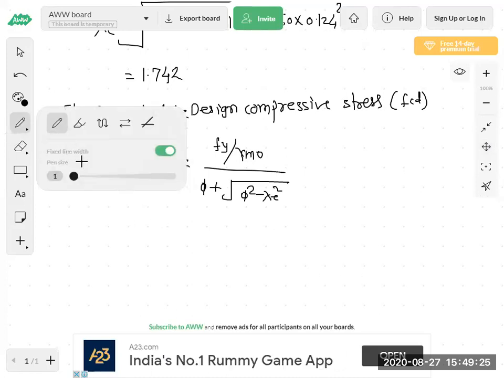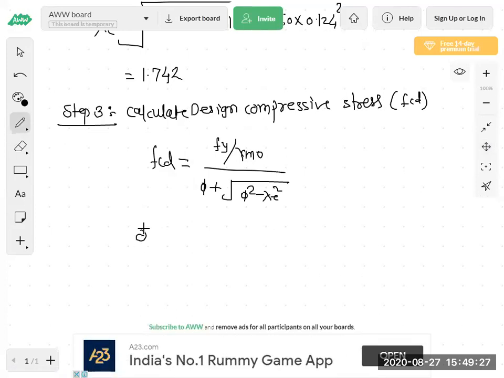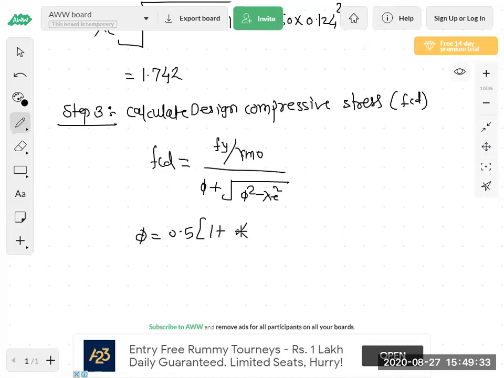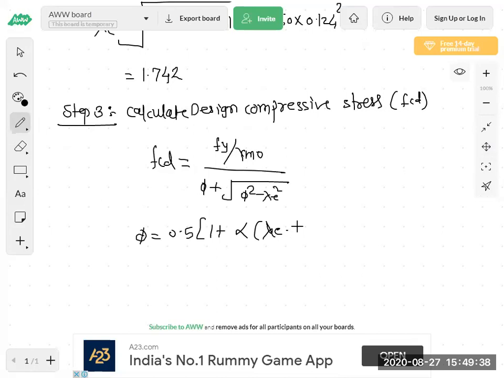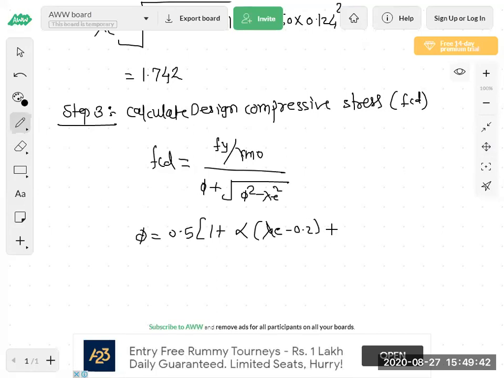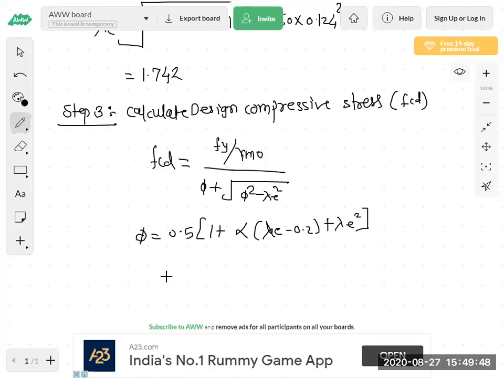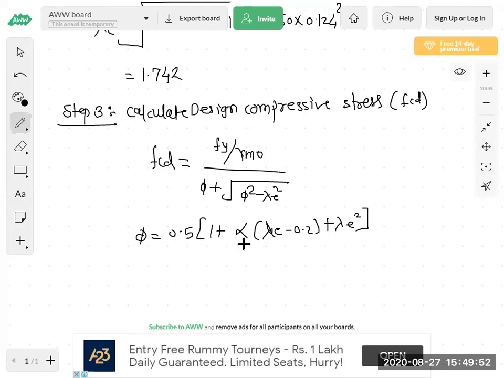The formula for phi is phi equals 0.5 times bracket 1 plus alpha into lambda e minus 0.2, bracket complete, plus lambda e square. Correct? Okay, now here alpha is the unknown.